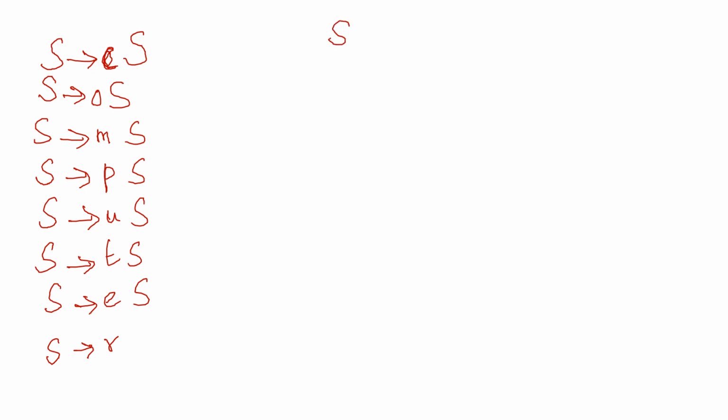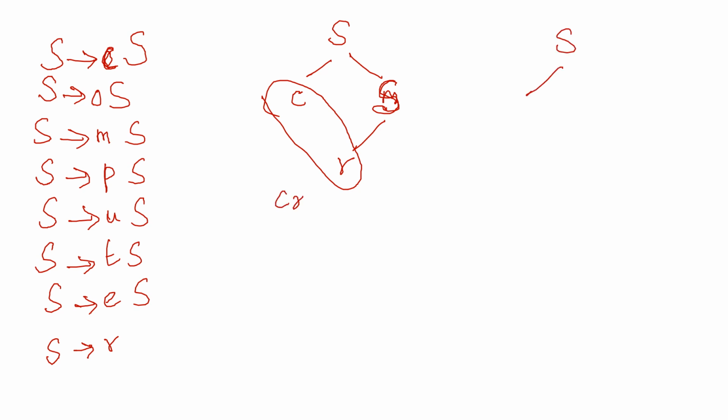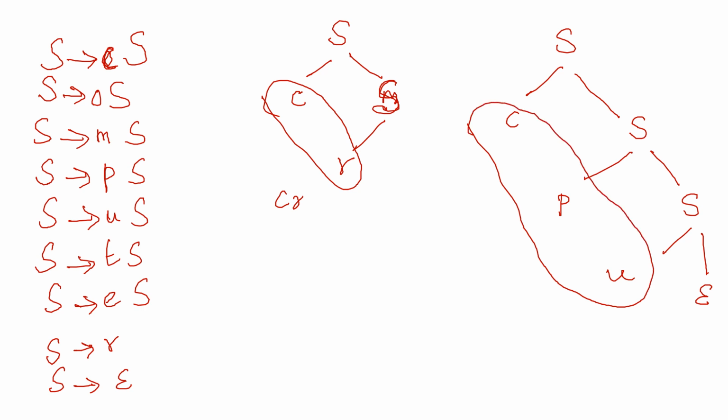For example, S tends to C S, then S tends to R, so this may be CR. Or S tends to C S, S tends to P S, and if you put S tends to epsilon, we are generating the word CP.